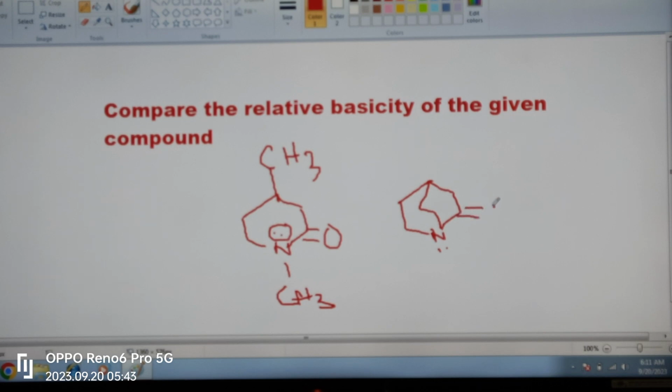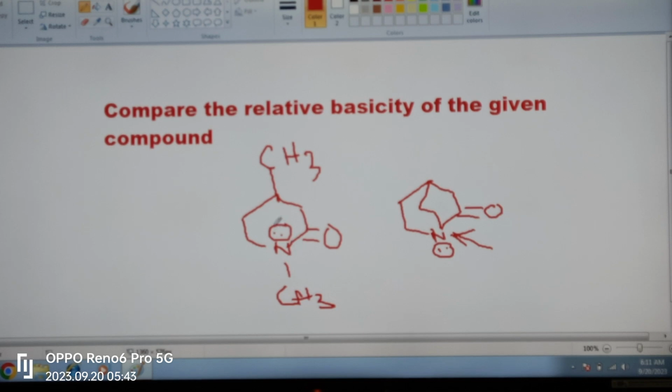Here this nitrogen atom also has a lone pair of electrons. But consider the two compounds. What is the difference between them? This position is a bridged position, and this is the normal tertiary nitrogen atom.